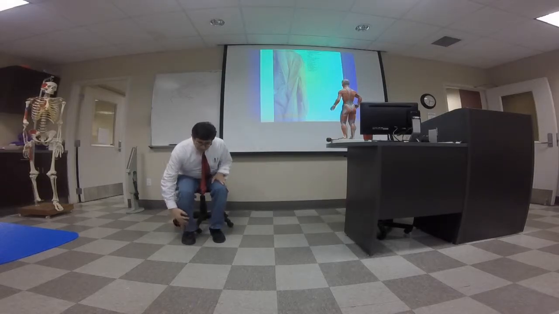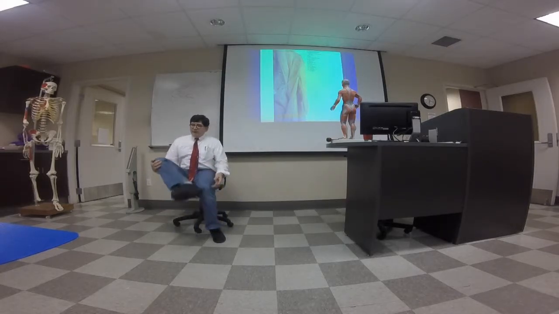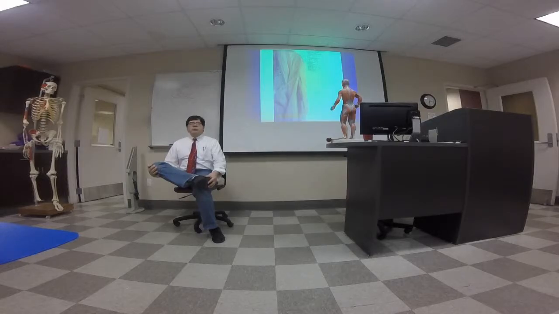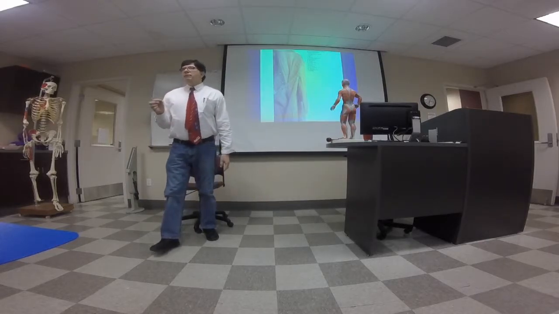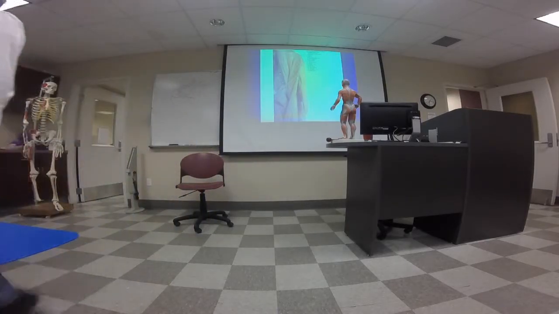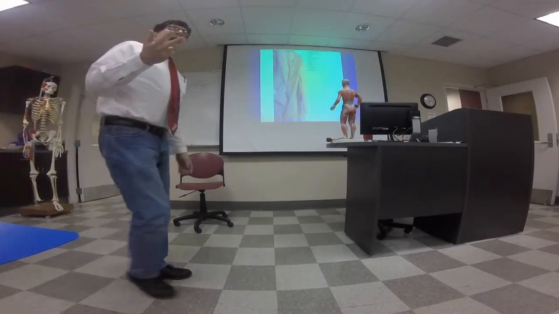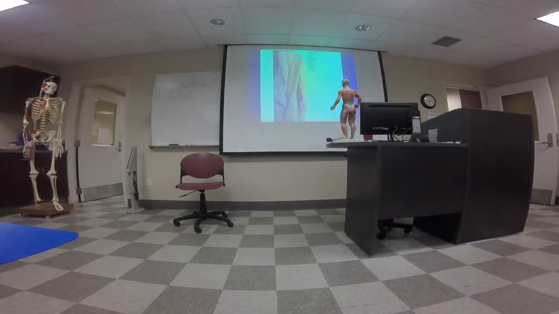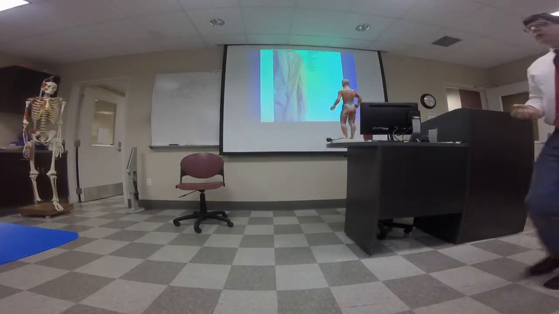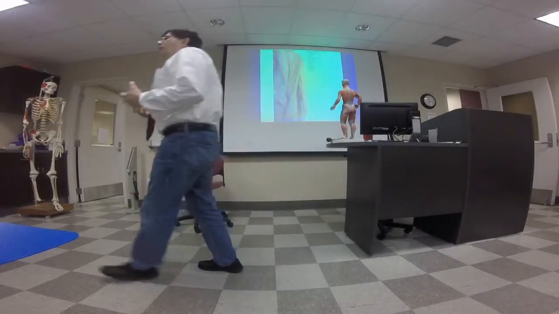Now, watch as I turn my leg to cross, like this. That's lateral rotation. And then I'm flexing at the knee. All four of those movements are mediated by the sartorius. So flexion, abduction, lateral rotation at the hip, and flexion at the knee. Those are all the movements that are involved in crossing your legs.